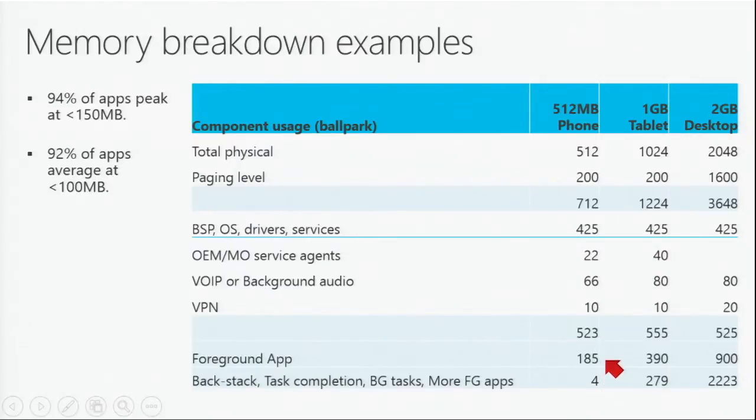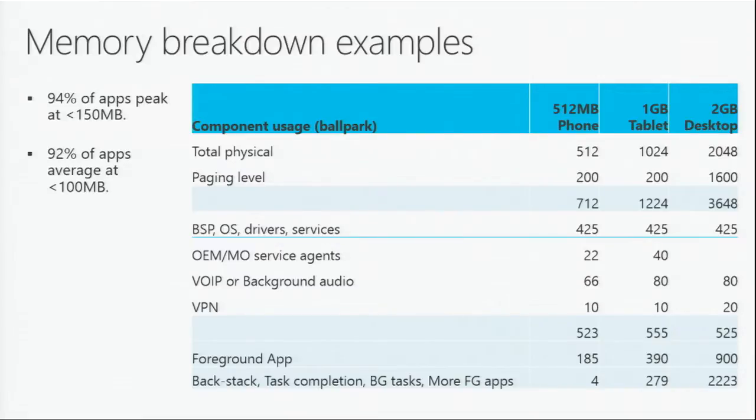And we've given 185 to the foreground app, which leaves us 4 meg, if we're lucky, for apps in the backstack, apps doing task completion in the background, any background tasks of any kind, apart from the critical ones, which isn't a lot.